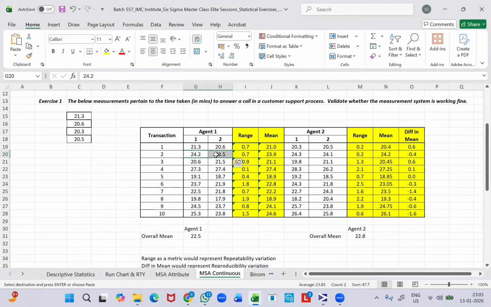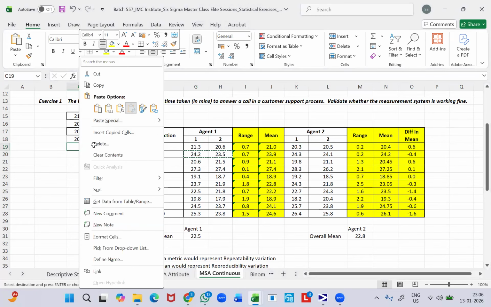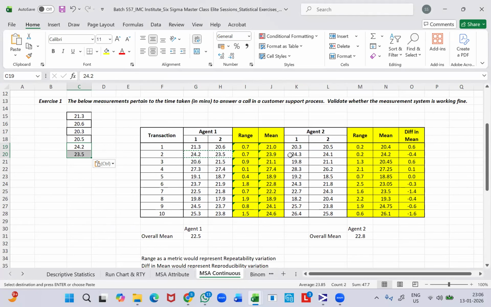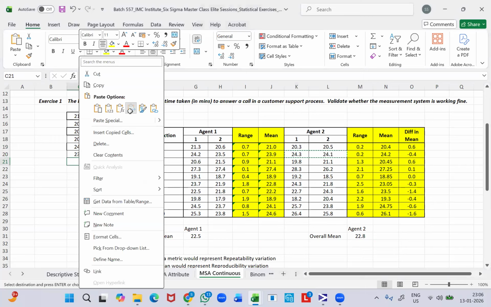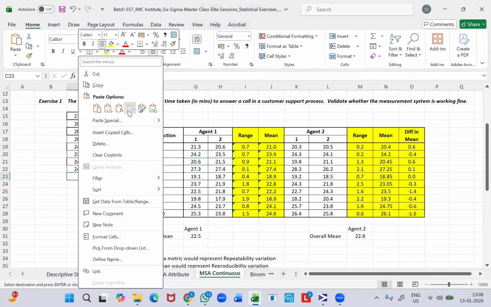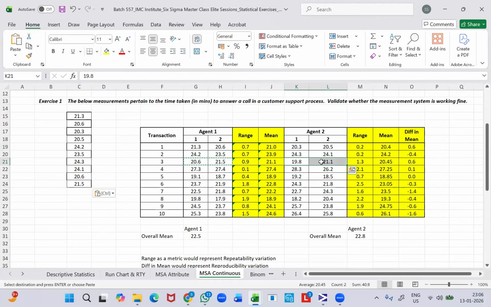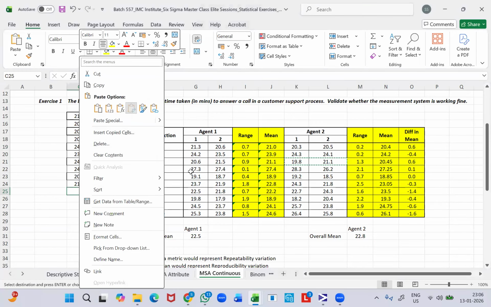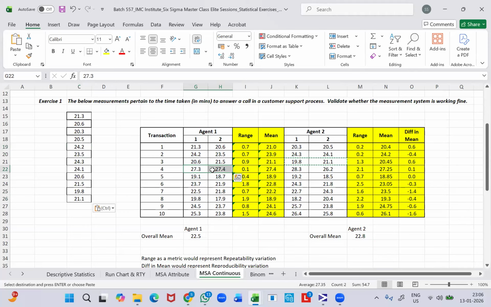The second data point. Then the third data point. The fourth transaction.